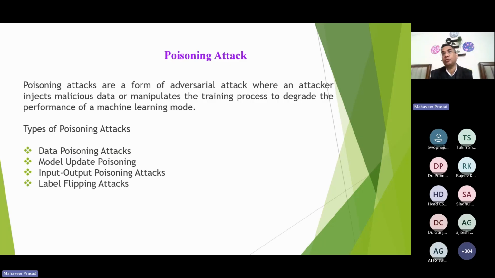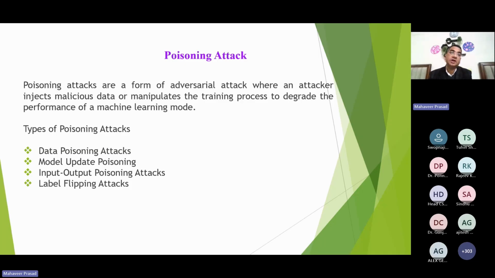What is the goal of doing this? The first goal is to degrade the overall accuracy of the model, and the second is an integrity attack. Poisoning is particularly dangerous because once a model is trained, the malicious behavior becomes embedded deeply into the network, making it hard to detect.